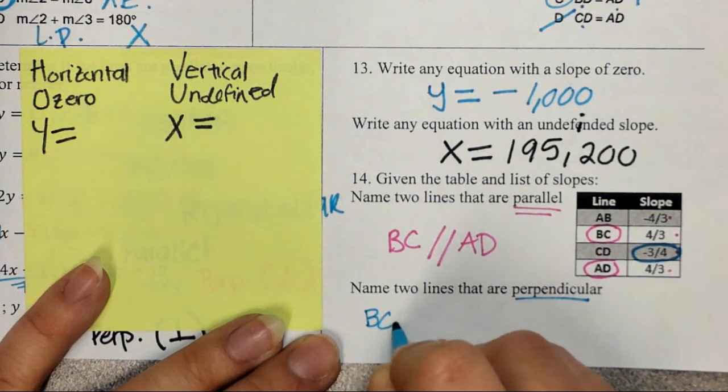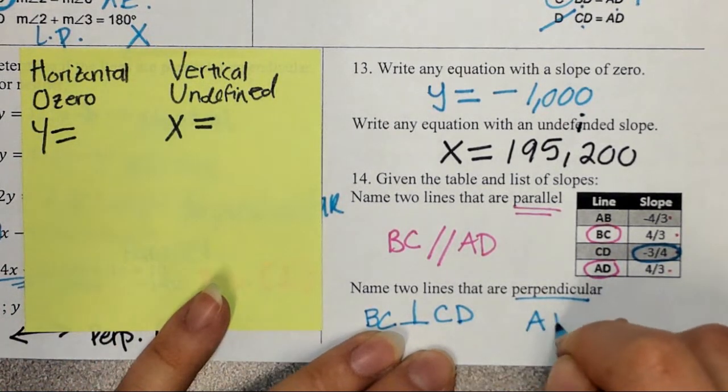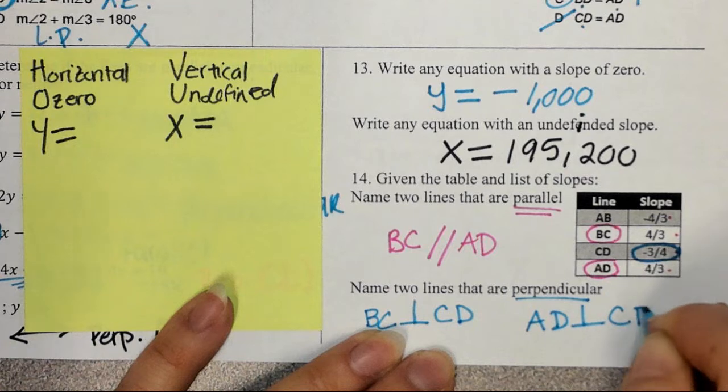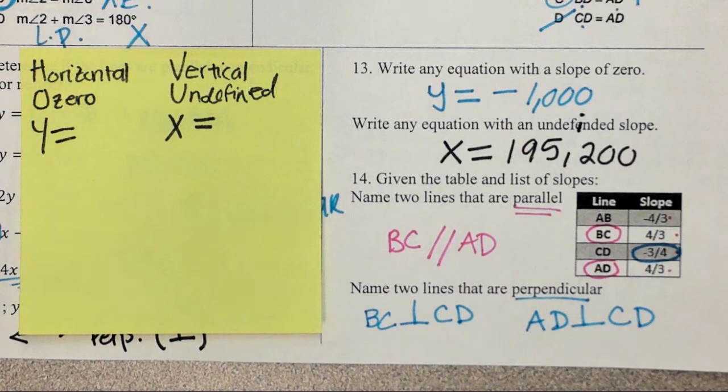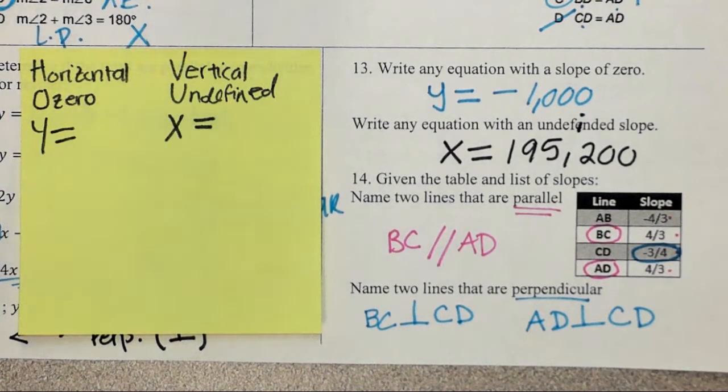So we could say both BC is perpendicular to CD and AD is perpendicular to that line. The only one that's not going to play any part here is AB, because it's not congruent to the others, and it's also not an opposite reciprocal for anything, since it didn't change the sign and flipped the fraction.